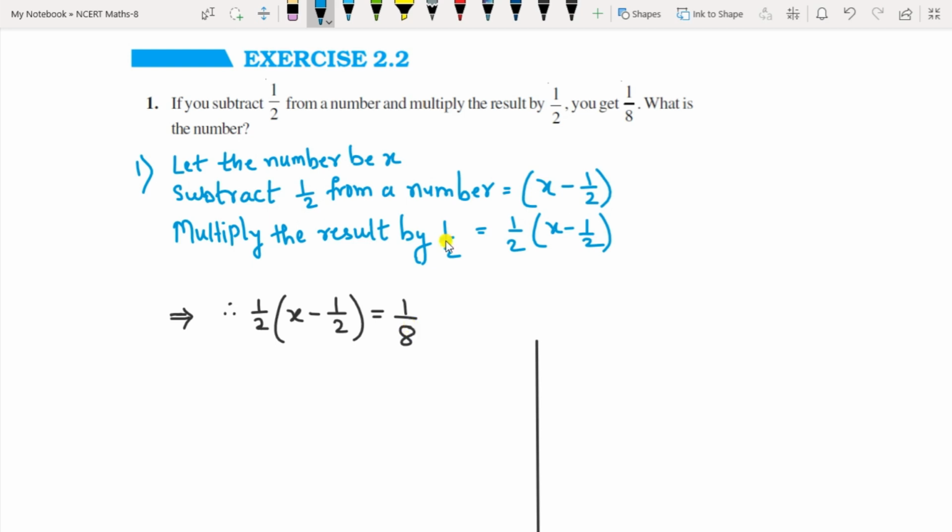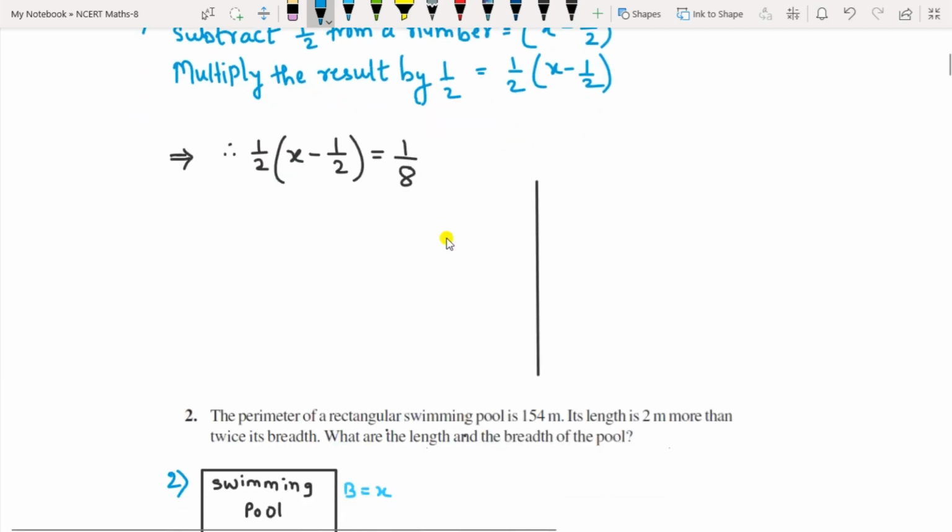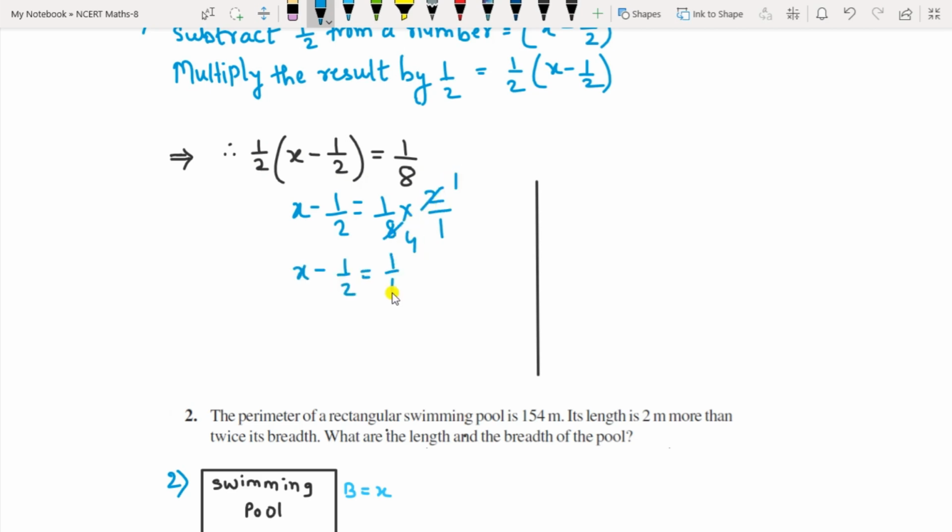Now how to solve it? Bring this 1 by 2 to the other side of the equal sign. It becomes x minus 1 by 2 equal to 1 by 8 multiplied by 2 by 1. Since it was multiplication here, it will become division, so we write the inverse of it. On cancellation, 2 ones are 2, 2 fours are 8, so x minus 1 by 2 is equal to 1 by 4. Now this 1 by 2 moves to the other side, so 1 by 4 plus 1 by 2.